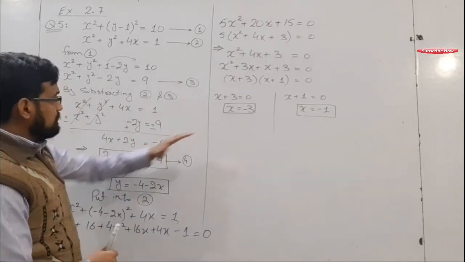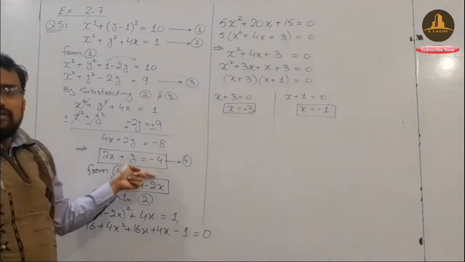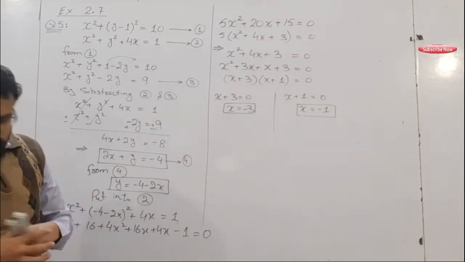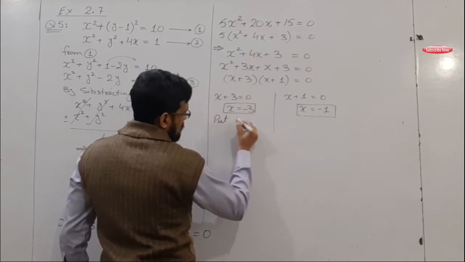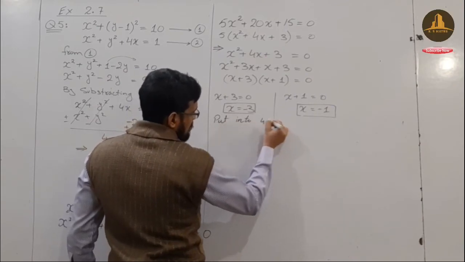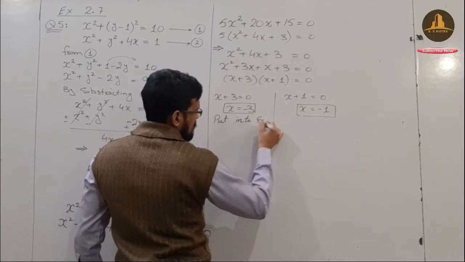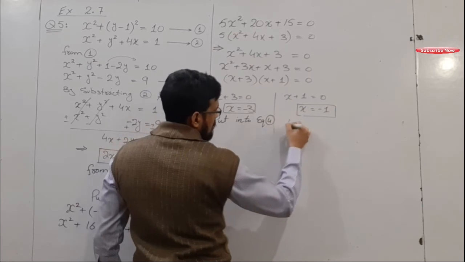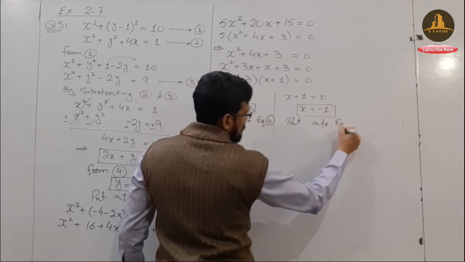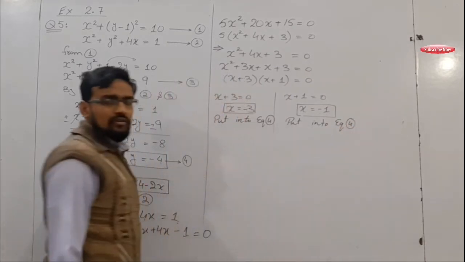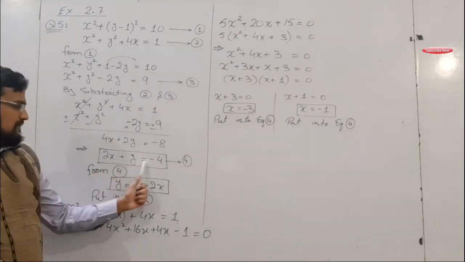Now put them into equation 4. Equation 4 is 2x plus y is equal to minus 4.